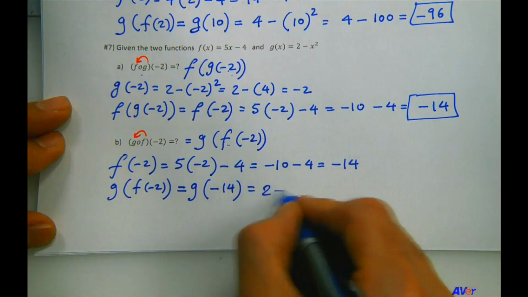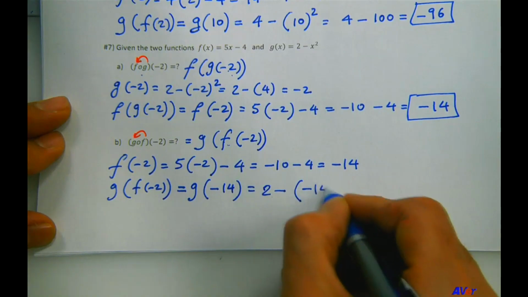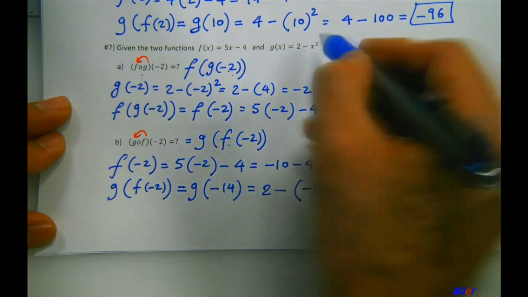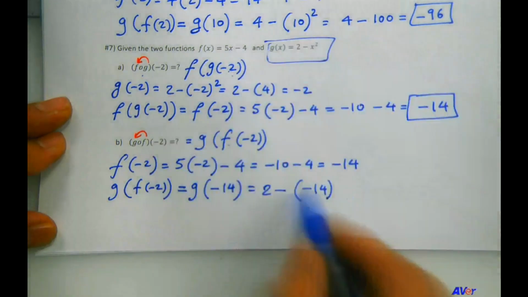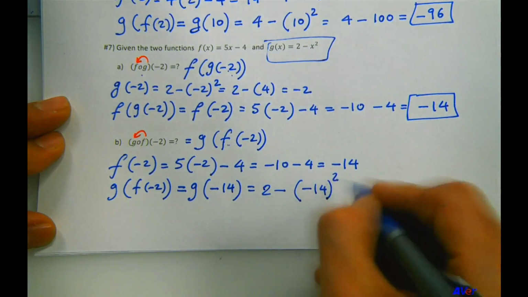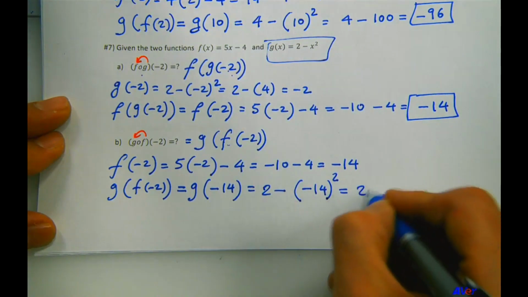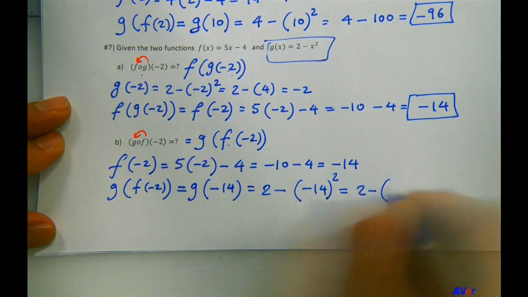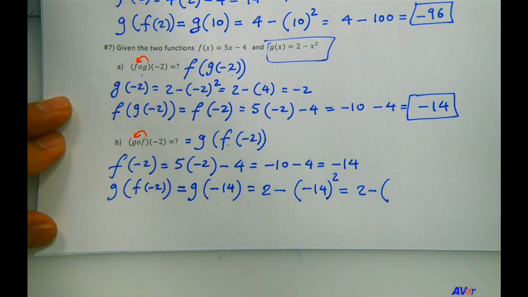We have 2 minus negative 14 squared, that's our function g. Negative 14 squared is some positive value, right?